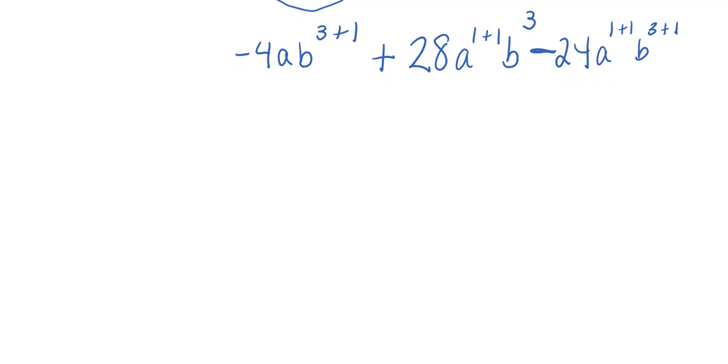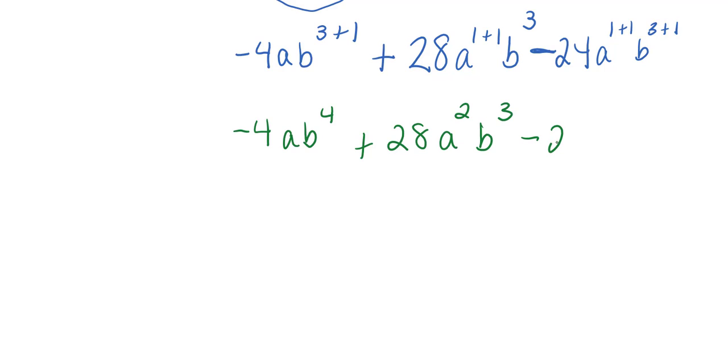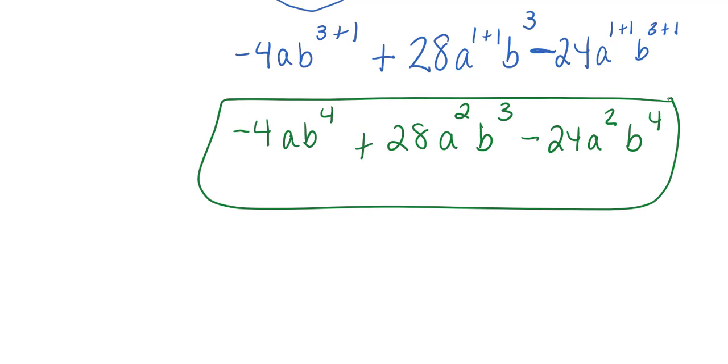So this now becomes negative 4ab to the fourth plus 28a to the 1 plus 1, so that's 2, b to the third, then minus 24a squared b to the fourth. And we don't have any like terms, so we can't simplify this further, so this would be our solution.